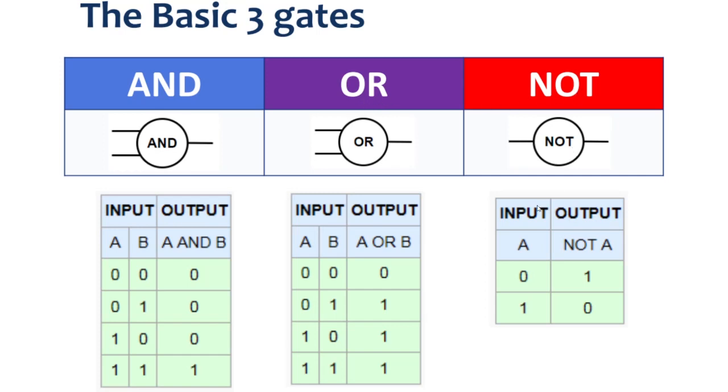In a NOT, we basically flip the input. So if it's false, we make it true. If it's true, we make it false. Two inputs positive, then only output positive. One input positive, then output positive. Input is positive, output is negative. We flip the input.